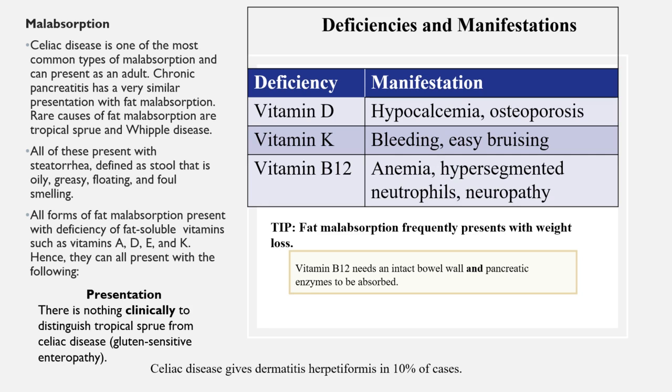And for vitamin B12 deficiency, we have anemia, hypersegmented neutrophils, and neuropathy. Let's go to the next slide.